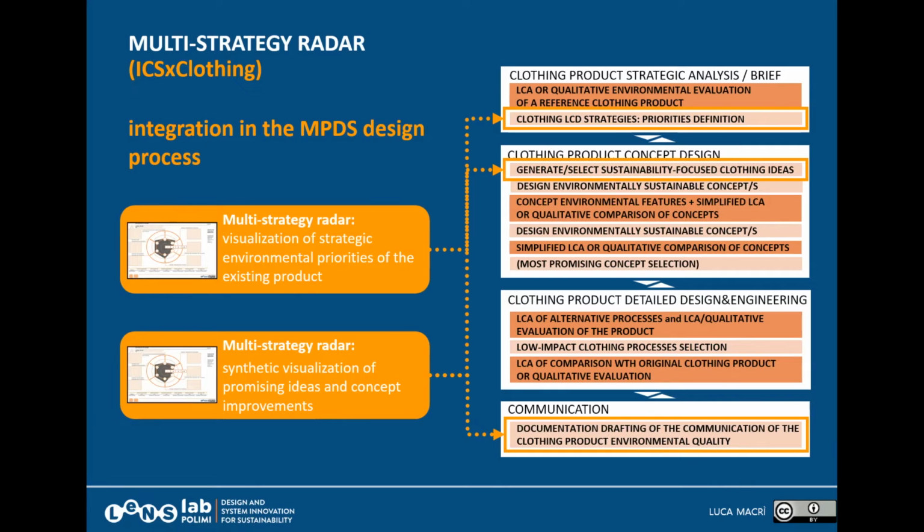Because you can talk for one full day about those beautiful strategies that you applied, but with the radar you have, at a glance, the idea of where your concept is bringing advantage. It's also useful for you because in a real design process, you may not have just one concept in a company.